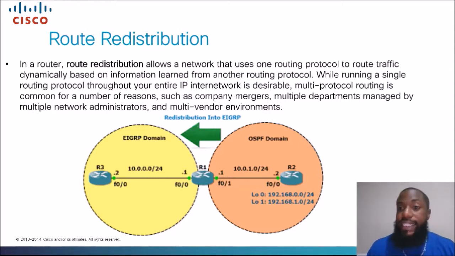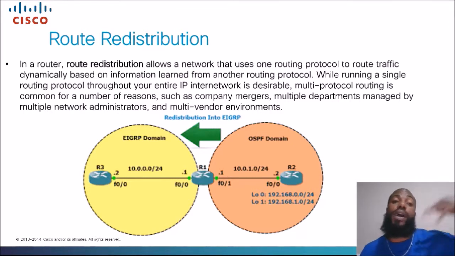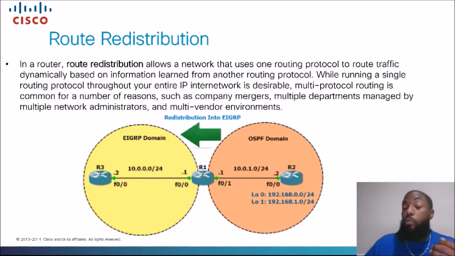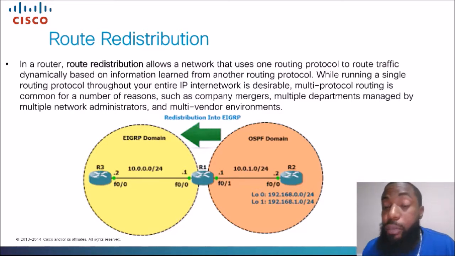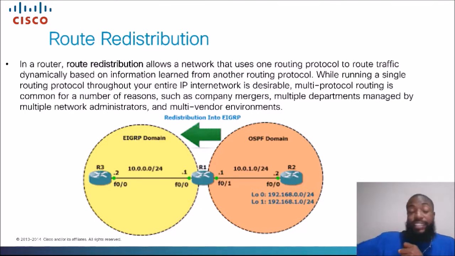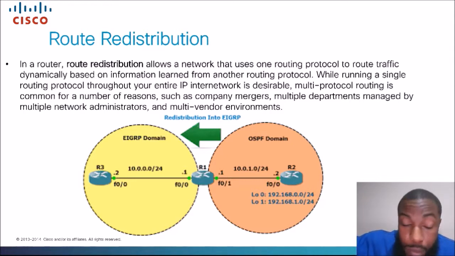While running a single routing protocol throughout your entire IP internetwork is desirable, multi-protocol routing is common for a number of reasons, such as company mergers. You might introduce another routing protocol if you bought another company. For example, Google acquired so many companies. Let's say they acquired another company and this other company is running another routing protocol.